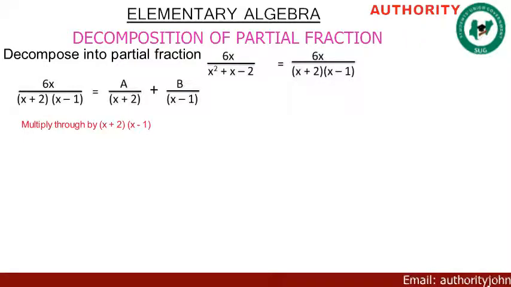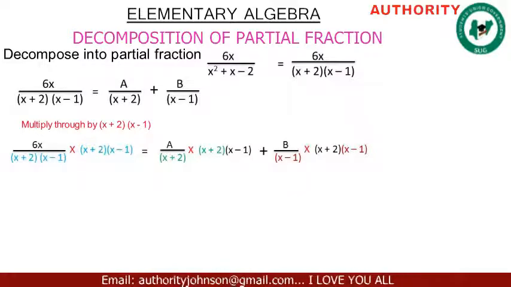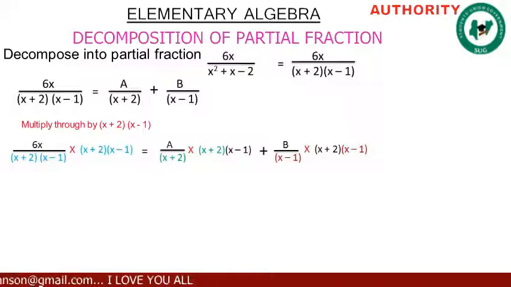So when we multiply through, we're going to have 6x all over (x plus 2)(x minus 1) times (x plus 2)(x minus 1) is equal to a all over x plus 2 times (x plus 2)(x minus 1) plus b all over x minus 1 times (x plus 2)(x minus 1). You get it?